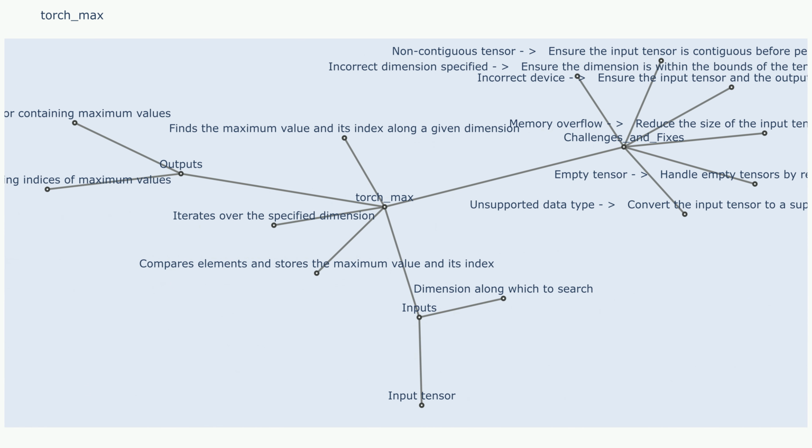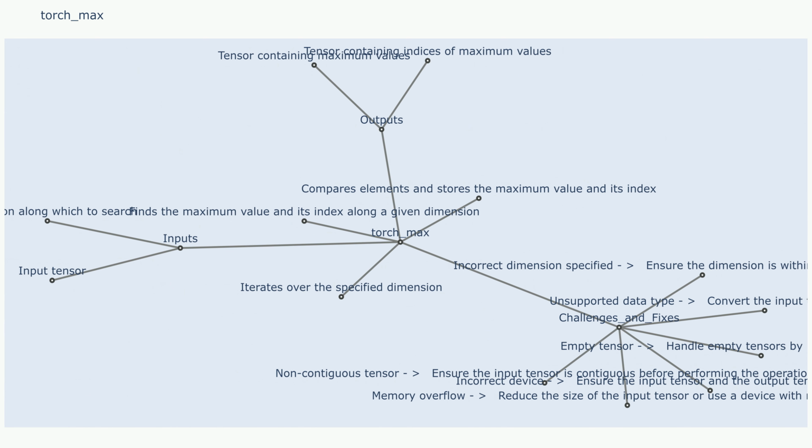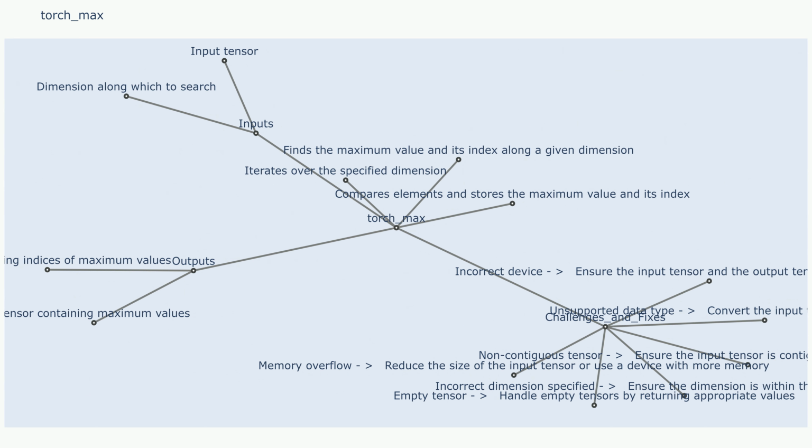Outputs. Output 1: values, a tensor containing the maximum values. The shape of this tensor is the same as the input tensor, except for the dimension that was reduced. Output 2: indices, a tensor containing the indices of the maximum values. The shape of this tensor is the same as the input tensor, except for the dimension that was reduced.